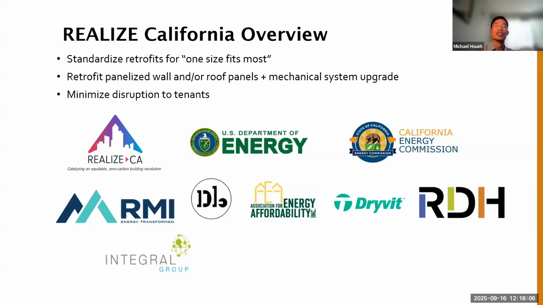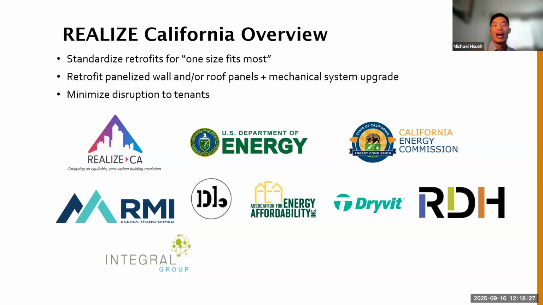So this project was funded by a grant from the California Energy Commission, and we worked with partners including the Association for Energy Affordability, David Baker Architects, RMI, and Drive, which was one of the suppliers who provide some of the panels.